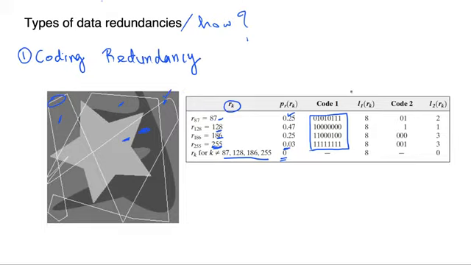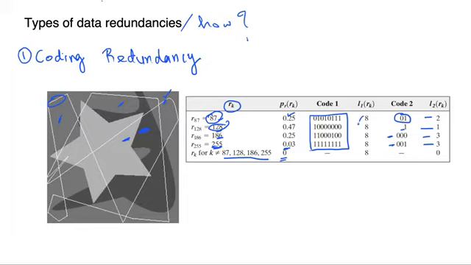Now if I map the value 87 to the data representation 01, the 128 value to the data representation 1, the 186 value to 000, and the 255 value to 001, then you can see that 01 takes only 2 bits, this one takes only 1 bit, and these take only 3 bits.